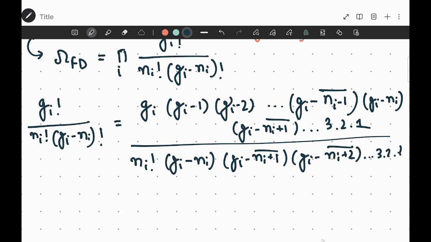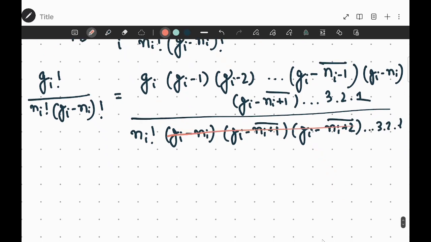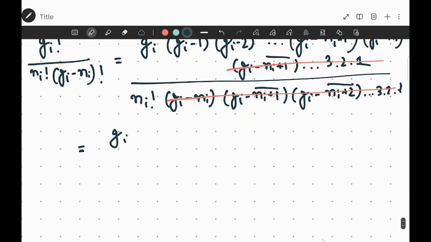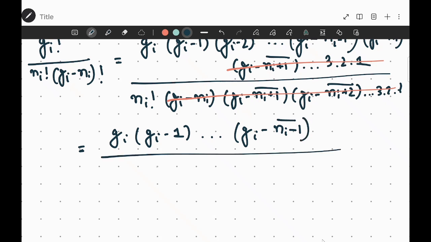So you see this part will be totally cancelled out and only remains gi, gi minus 1 to gi minus ni plus 1, and here is ni factorial.